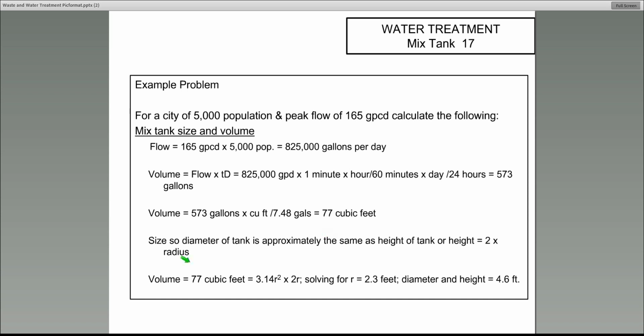So we have the volume of 77 cubic feet. If we want to find the radius, we set that equal to pi times the radius squared times 2 times the radius for the height, and you come up with R equal 2.3 feet, and the diameter and the height, twice the radius, would be 4.6 feet.